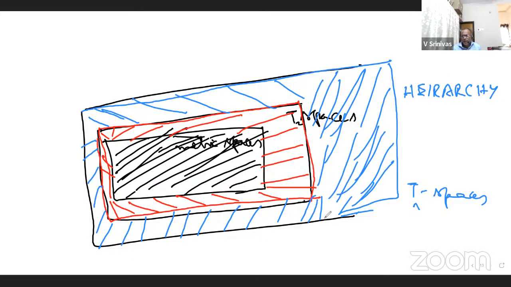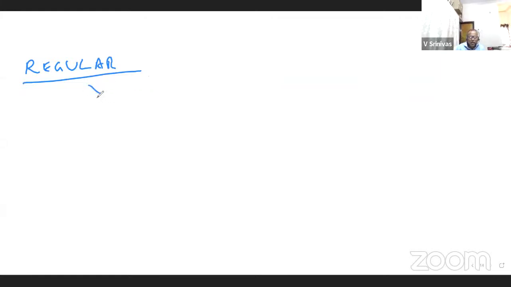And then you have another two concepts called regular and completely regular. Regularity. Let X, tau be a topological space, and let this be a T1 space also.